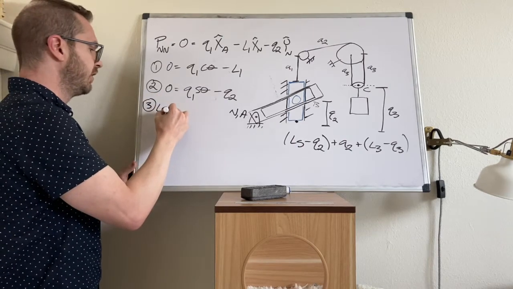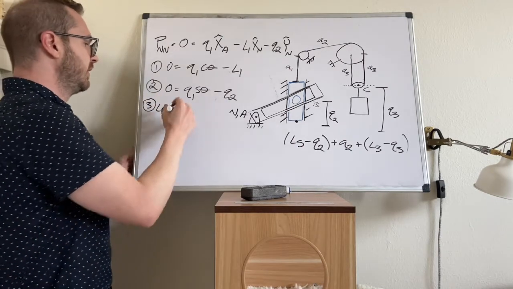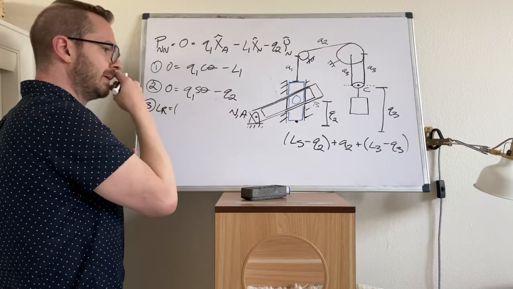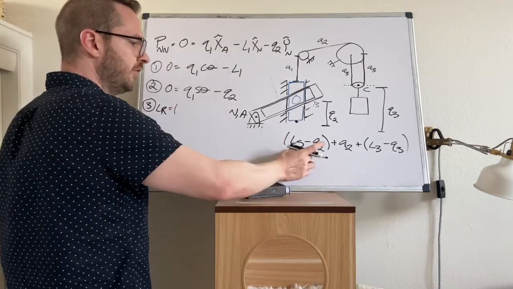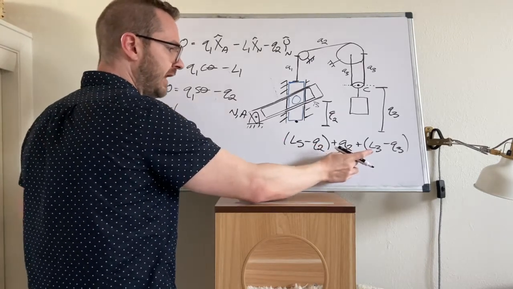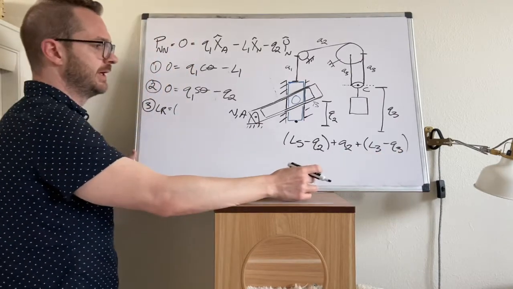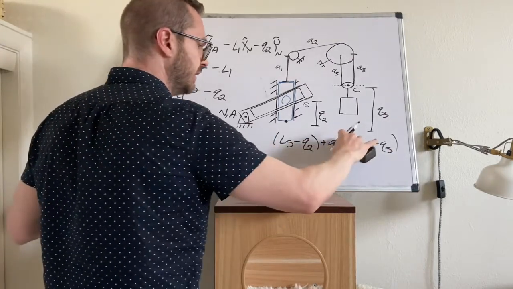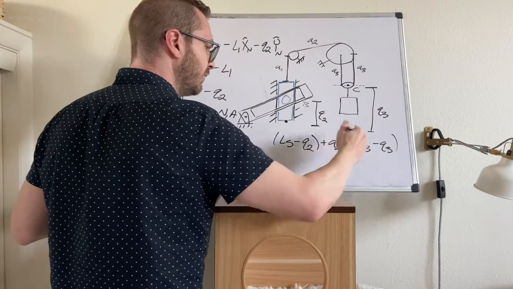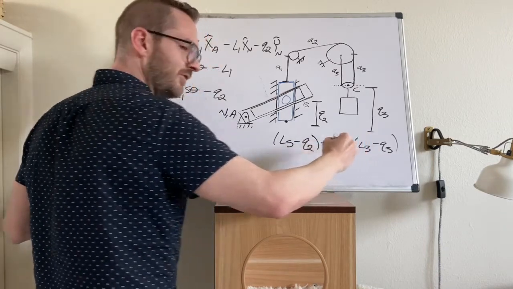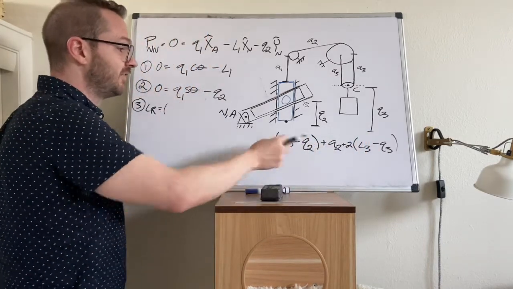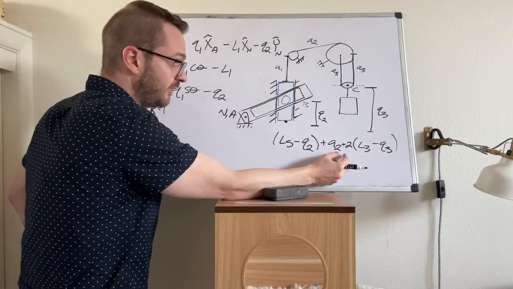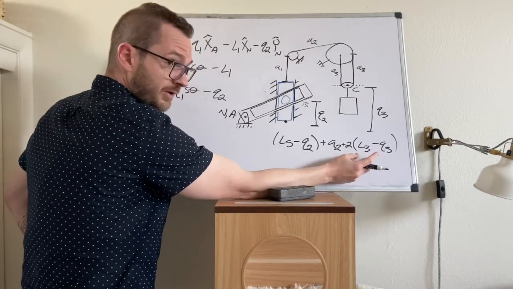We said that L, the length of the rope, is going to equal, notice that L5 and A2 and L3, oh, whoops. Sorry about that, there's a 2 here. So L5 and A2 and 2 times L3 is a constant.